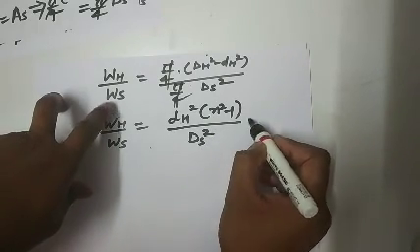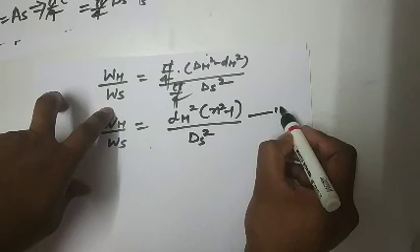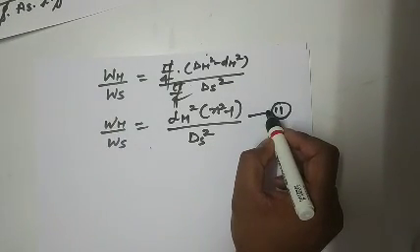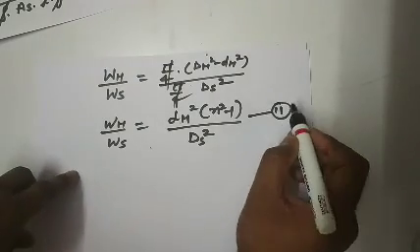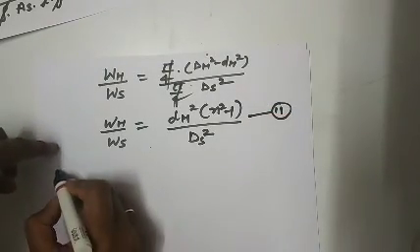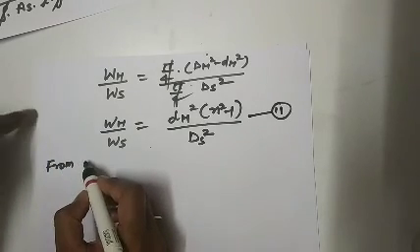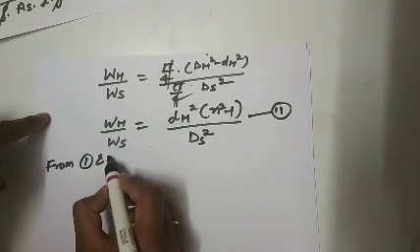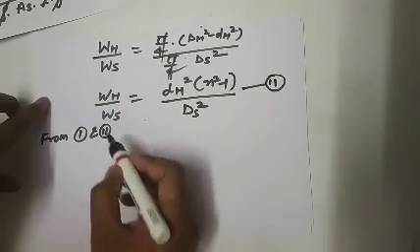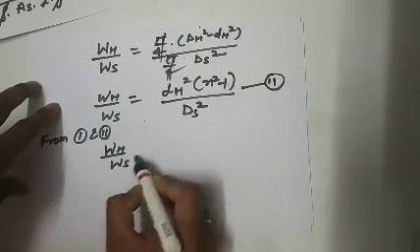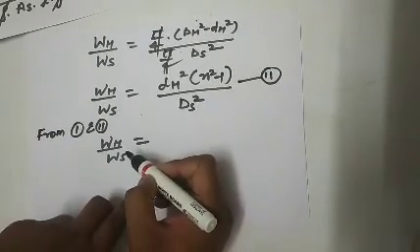Clear? This is equation 2. Now, from equation 1, put the value of Ds into equation 2. From 1 and 2, what will be the new value for the weight comparison equation?